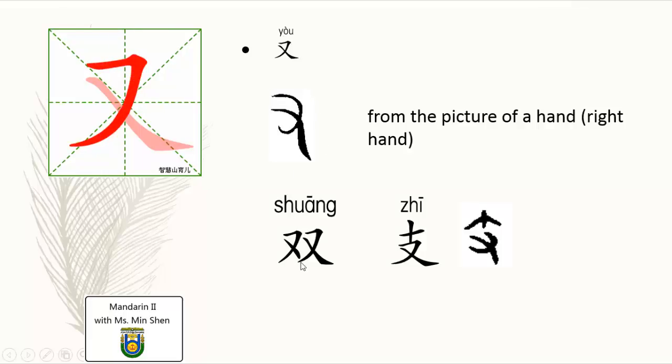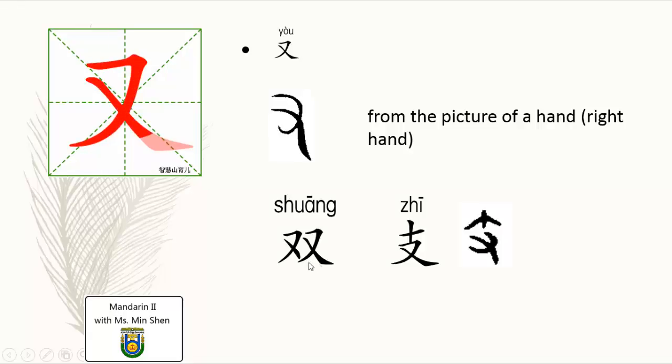So in some combined characters, if you see any component that looks like the 又, maybe it's about a hand. For example, this character is read as 双, and you can see one hand and the other one, two hands, simply put together, duplicated.